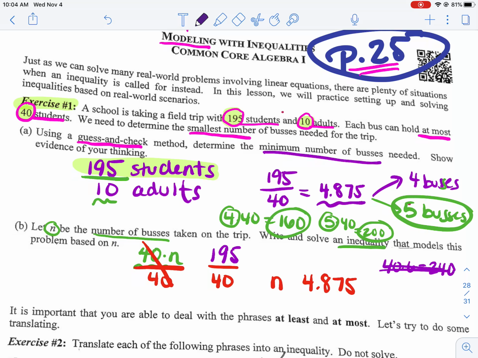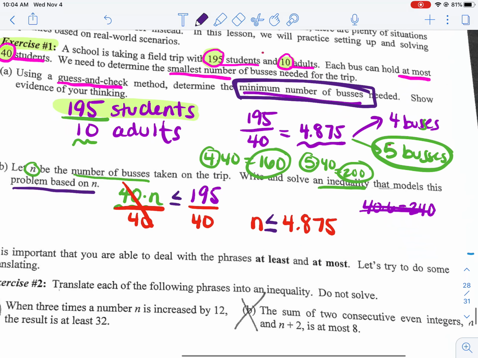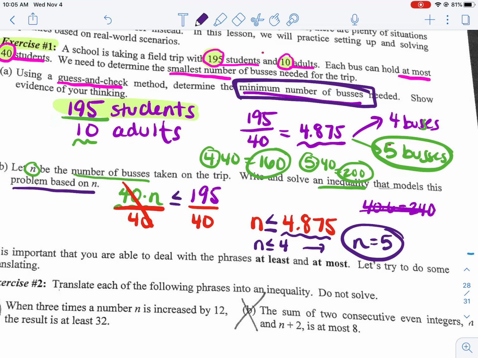Write and solve an inequality that models this problem based on N. So we want the minimum number of buses. When you hear minimum, less than or equal to. So our inequality here should be less than or equal to. But we can't have a number that is 4 because it doesn't fit everyone. It would need to be 5 like we worked out before.